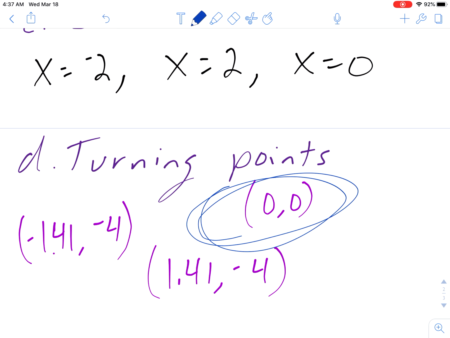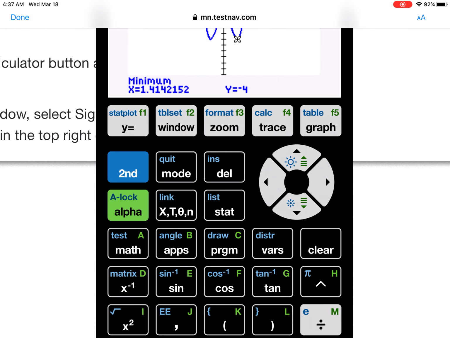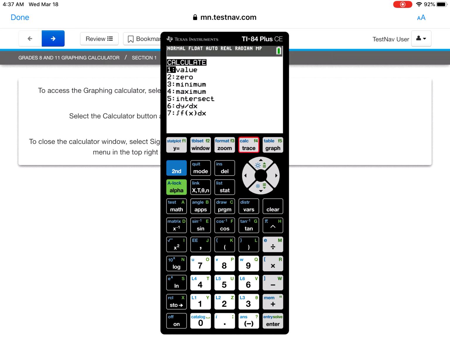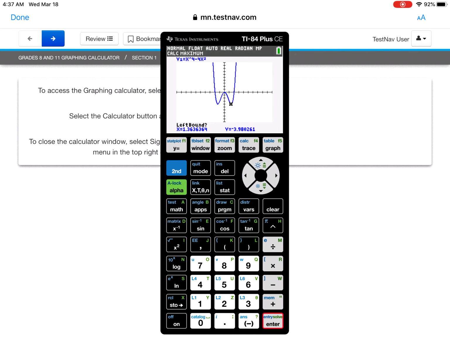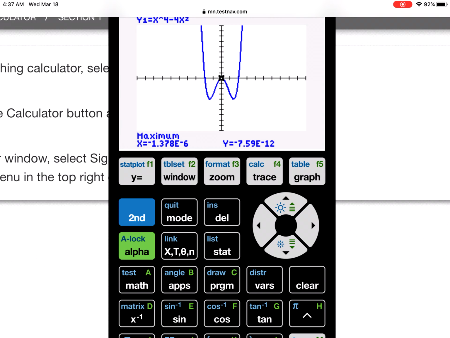Now the one that I'm suspicious about is this origin. I mean, we already sort of confirmed it, but I'm going to go back to the calculator and see what the calculator tells us. So that would be a max. The left bound of that max, the right bound of that max. So I just want to see what this calculator gives me. So on this one, I'm getting this weird answer down here where it says max is -1.378 e to the -6.